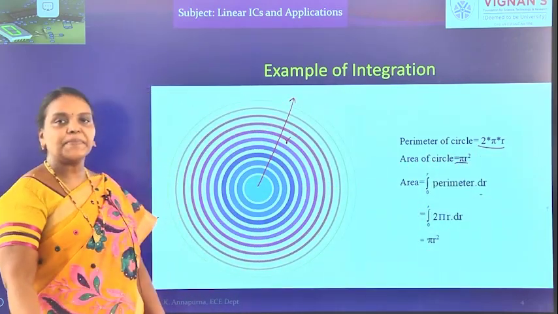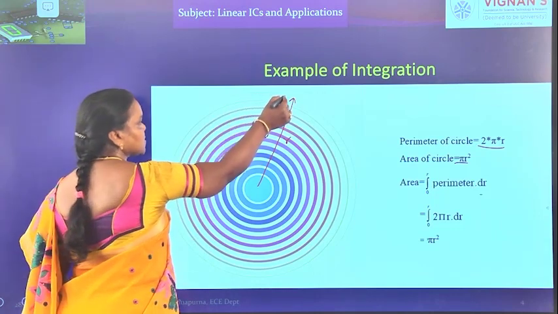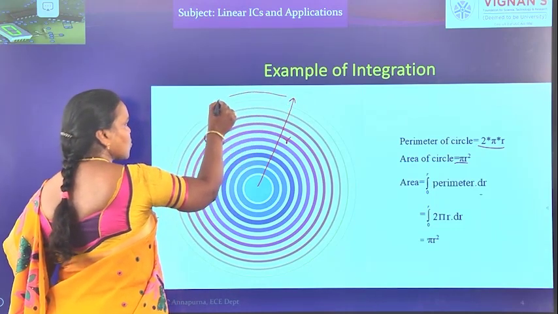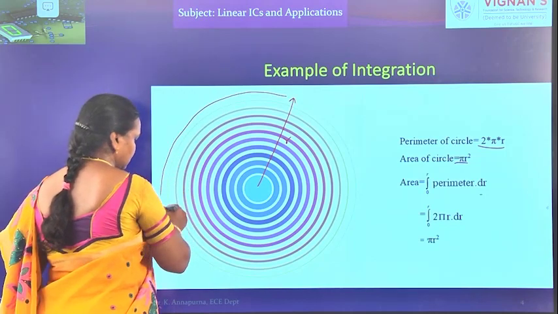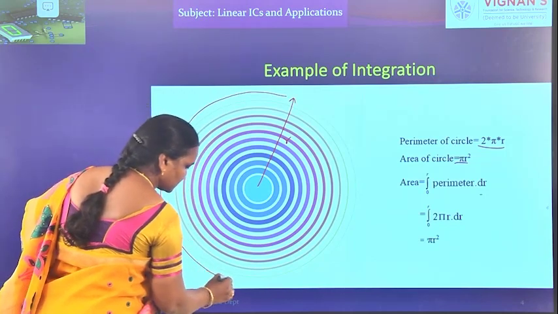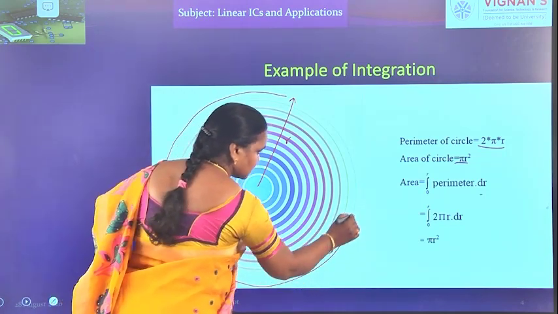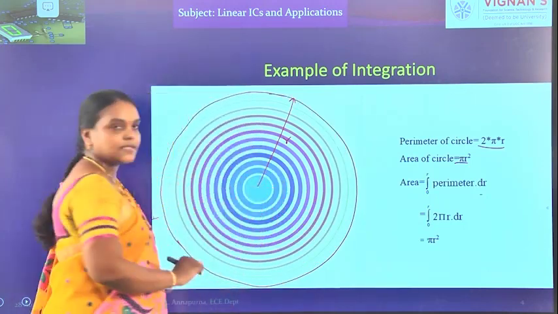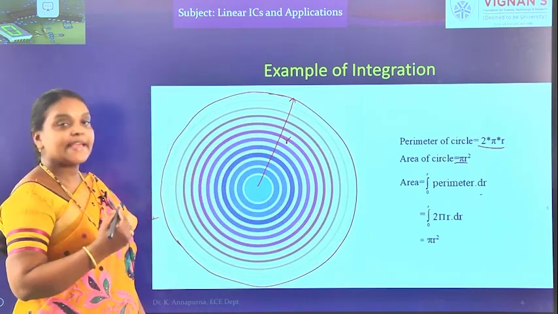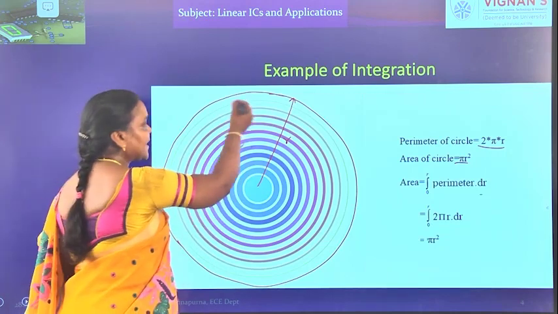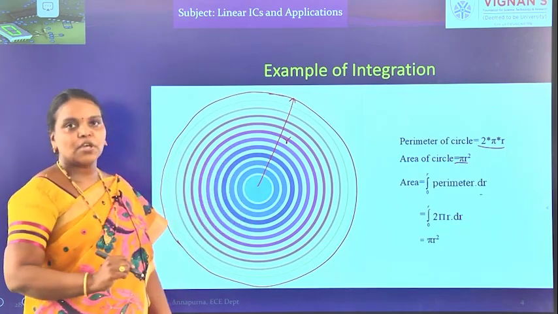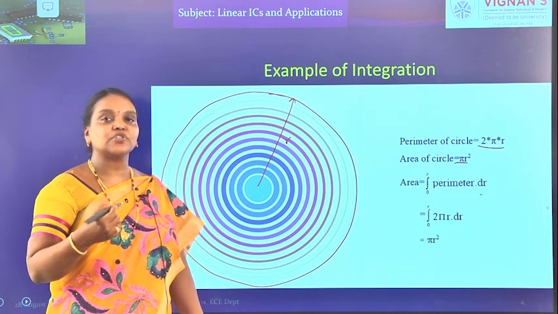Perimeter means the length of this outermost circle, whereas area means the entire area inside this circle. So how to find the area in terms of perimeter?